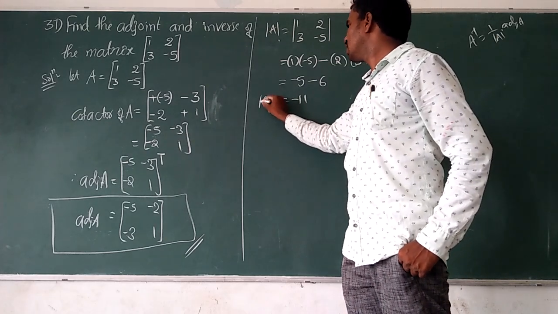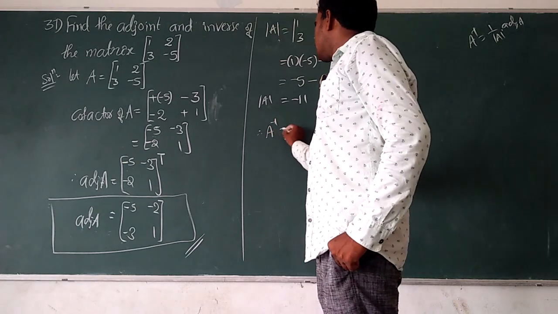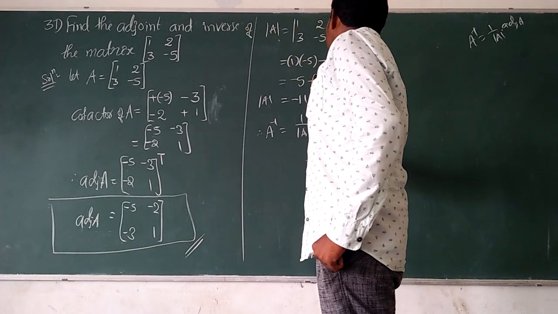This is the determinant. Therefore, finally, the inverse of matrix A, what is the formula? A inverse equals 1 by det A into adjoint A.